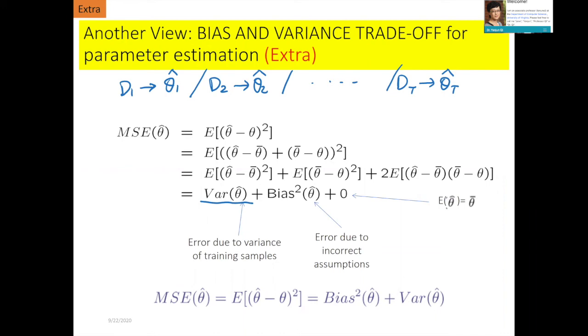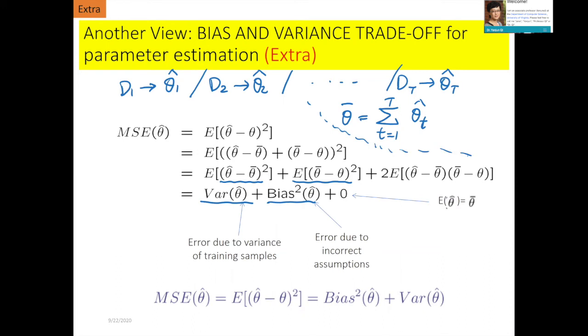The first part is E of theta hat minus theta bar, squared. The theta bar is the mean. Let me do a bad version of taking the expectation: I'm just averaging theta T hat, T from 1 to T, assuming this is one way I can get a theta bar.